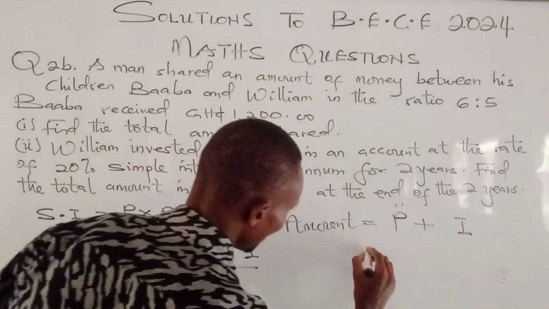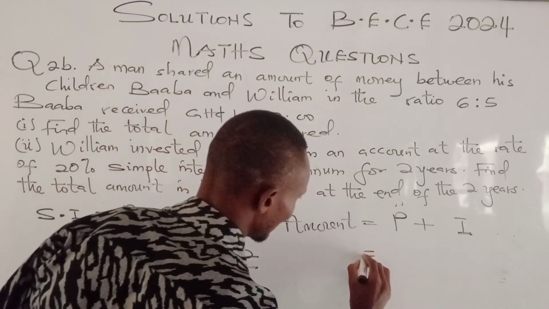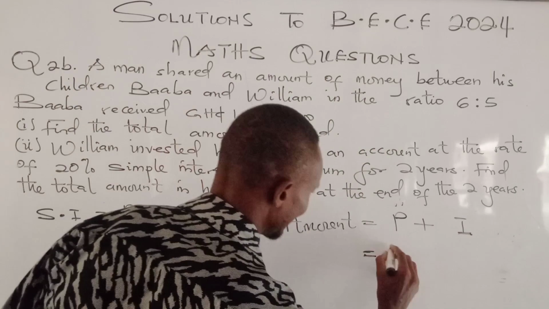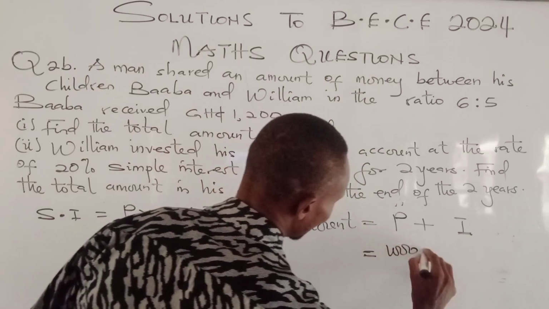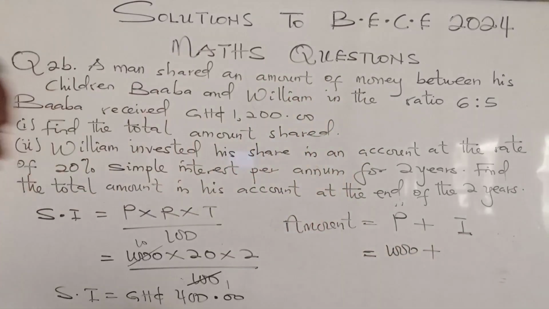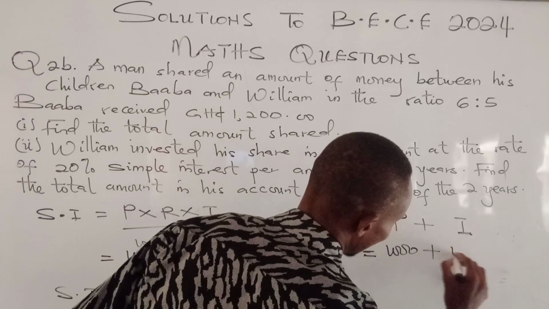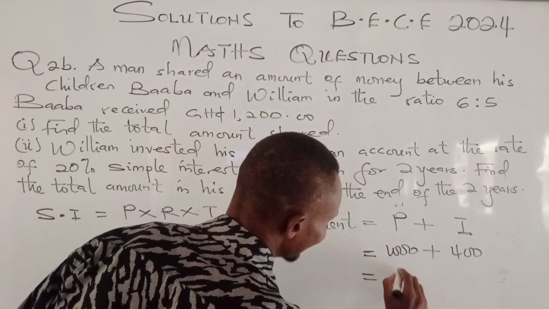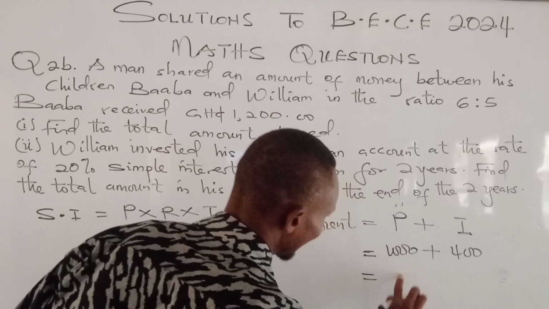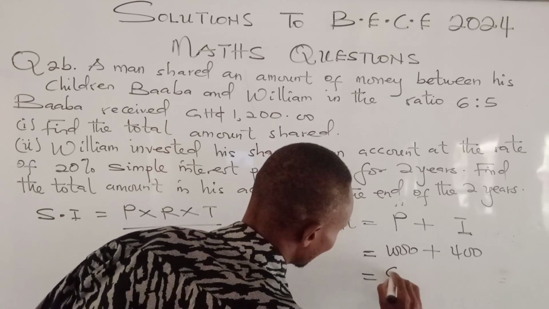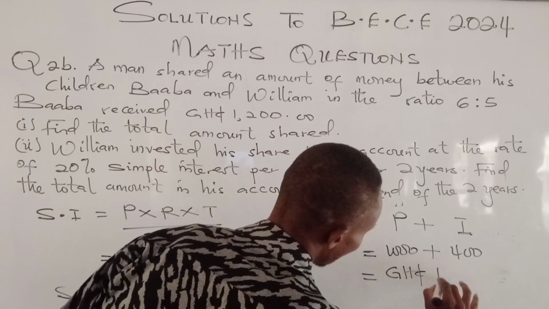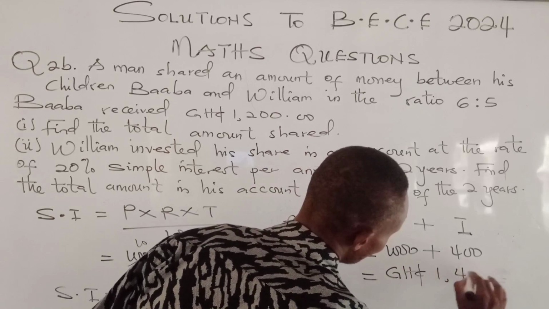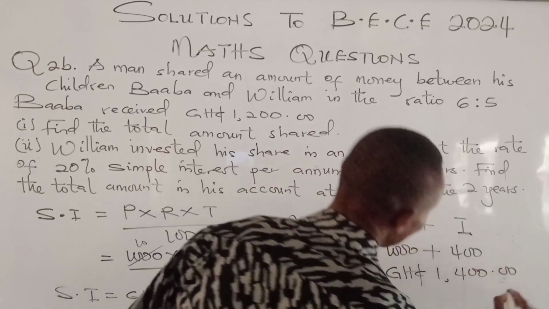We know that the principal is 1,000 Ghana cedis, plus the interest, which is 400 Ghana cedis, and that will give us 1,400 Ghana cedis. You bring your units to 1,400 Ghana cedis.